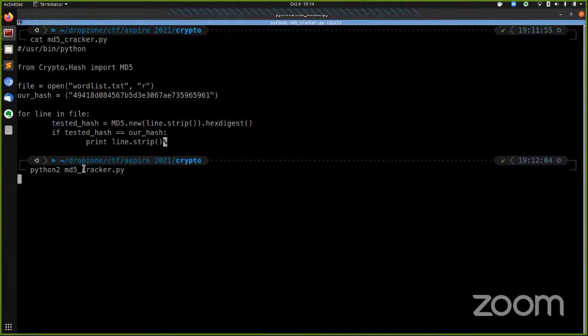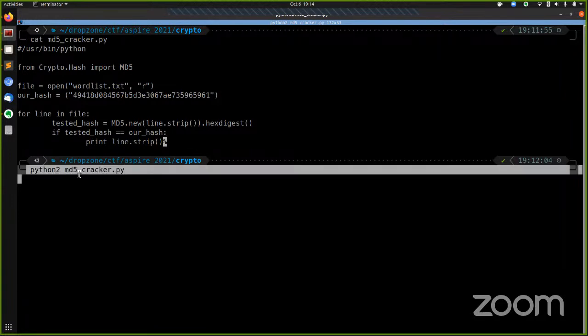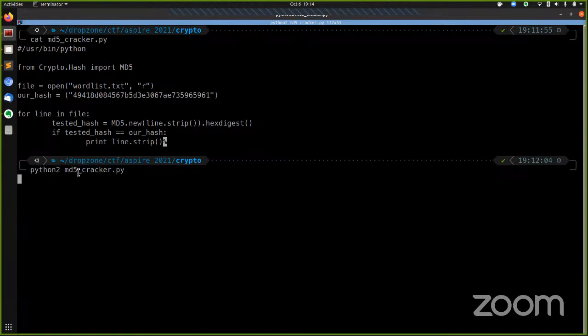So let's see. There are faster tools you can use for this, like Hashcat. Hashcat uses GPUs for cracking passwords. If your processor has multiple cores, you can use various tools to speed up this process, but I'm just doing this on my laptop, so it isn't going to be that fast.